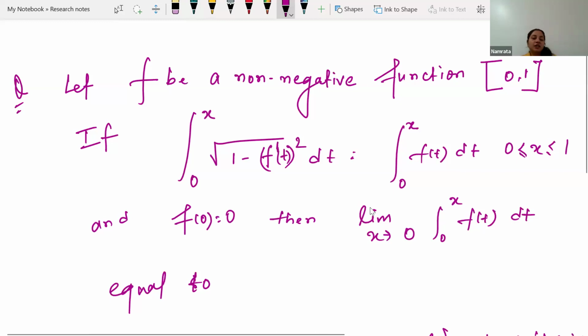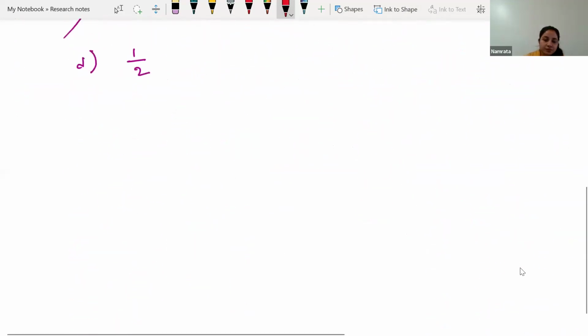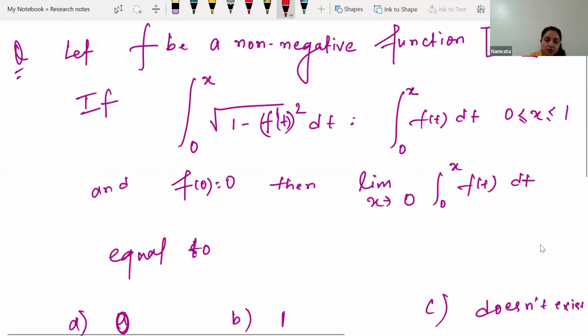Let f be a non-negative function which is lying in between 0 to 1. If this integration is given over here, then we have to find the limit as x tends to 0 of the integral of f t dt. Okay, let's see how we can do this. So let me write the question over here.